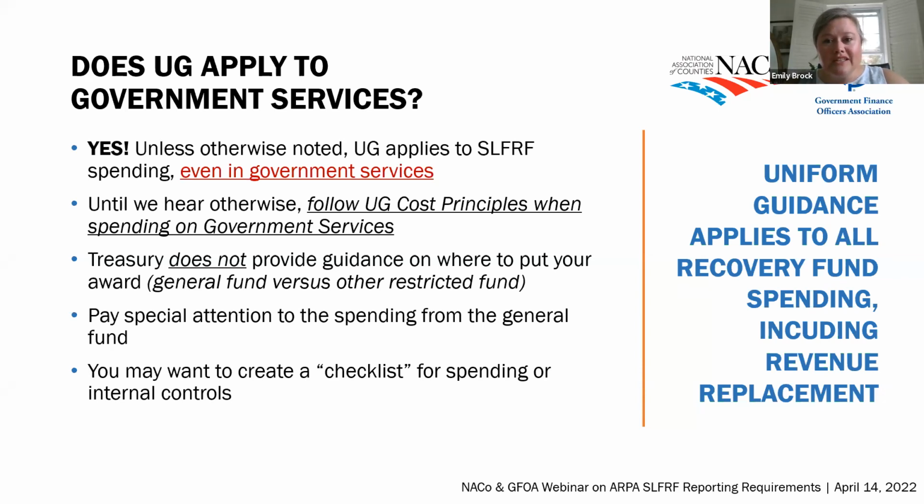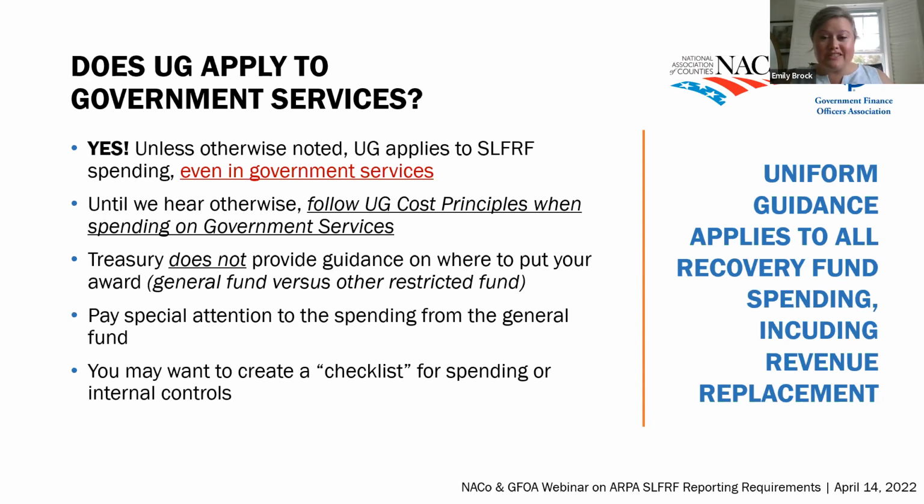What we've noticed in a lot of counties across the country is many finance offices are creating a checklist of uniform guidance principles that they can distribute across the organization, so that anyone spending SLFRF funds out of the general fund or for specific purposes does so in compliance with uniform guidance.